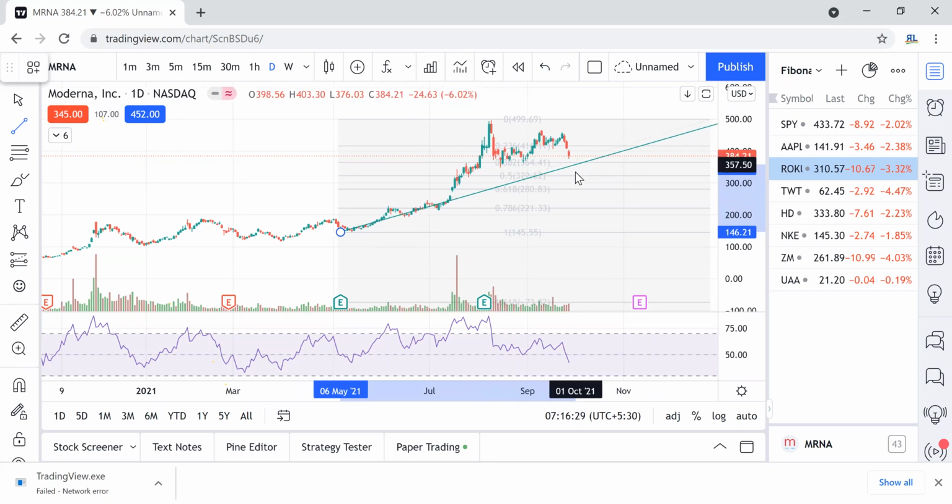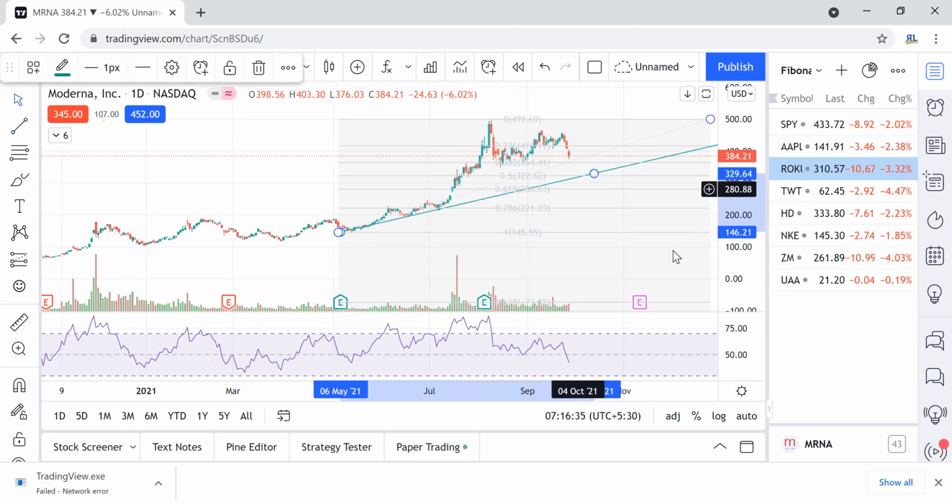Provided that this trend line holds, so mRNA doesn't just gap below this tomorrow, is it fair to say that we might chop around here a little bit? And if we don't drop immediately, then we might chop around, and then maybe somewhere around here, we go hit the 0.5 extension. I think so.